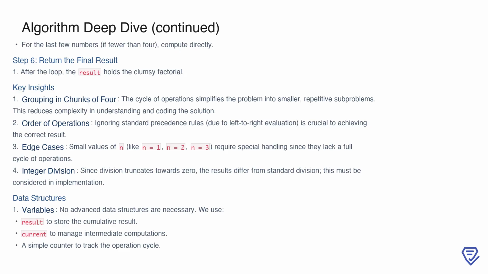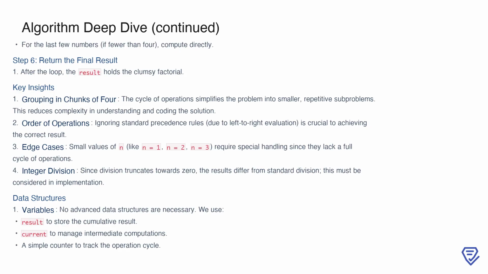For small values of n, such as 1, 2, or 3, special handling is required since we don't have enough numbers to complete a full cycle of operations. Additionally, integer division truncates towards 0, so our implementation must account for this to ensure accuracy. Solving this problem doesn't require complex data structures, just a few basic variables to track the result, the current intermediate value, and the operation cycle.